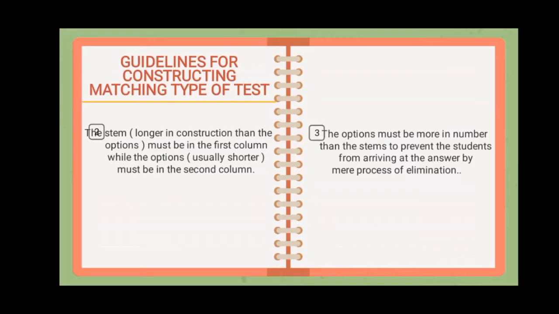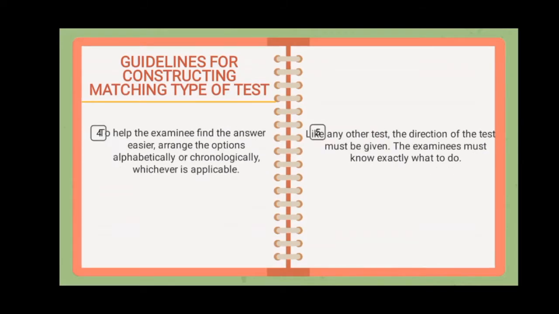Number 3, the options must be more in number than the stems to prevent the students from arriving at the answer by mere process of elimination. Number 4, to help the examinee find the answer easier, arrange the options alphabetically or chronologically, whichever is applicable. So this means that the options must be arranged alphabetically or through time so that it will be easier for students to find the answer.